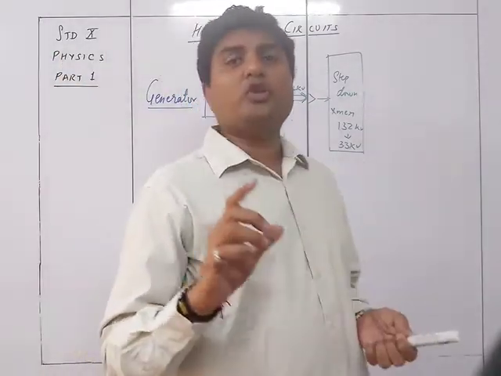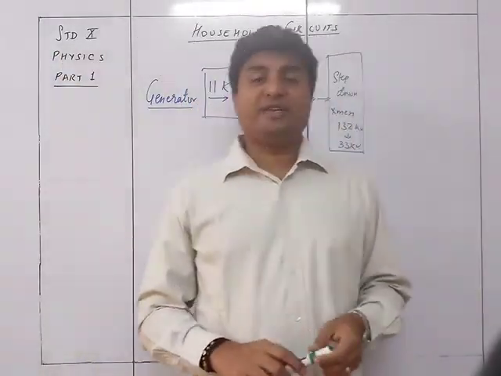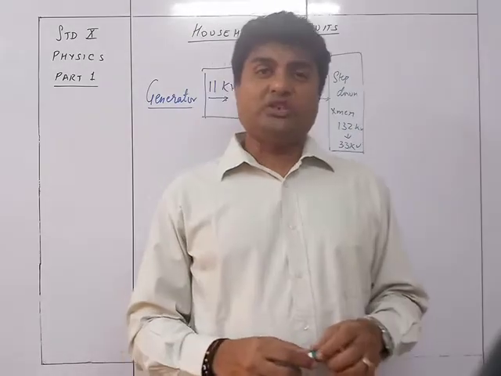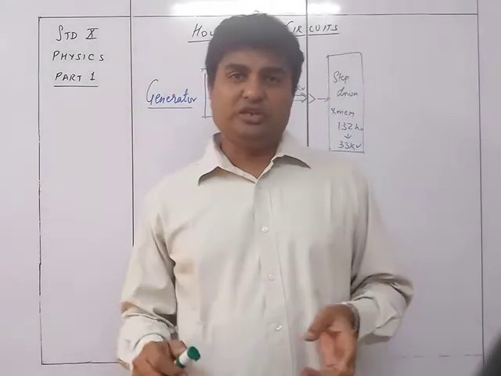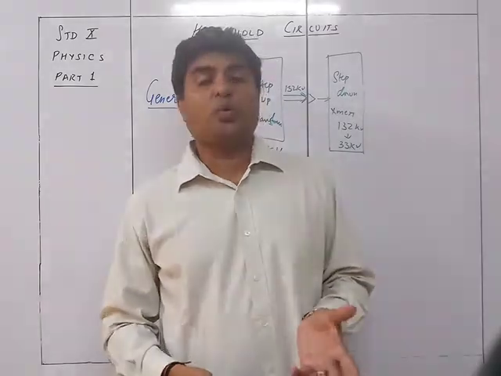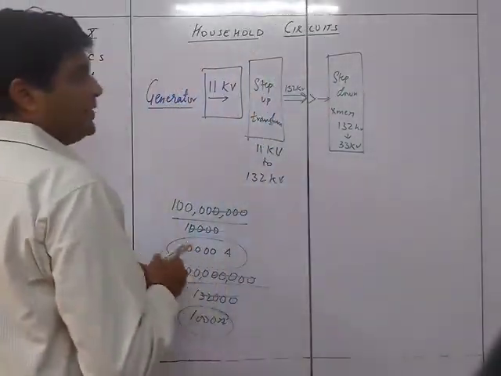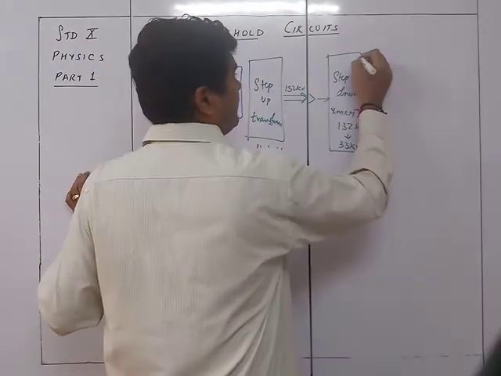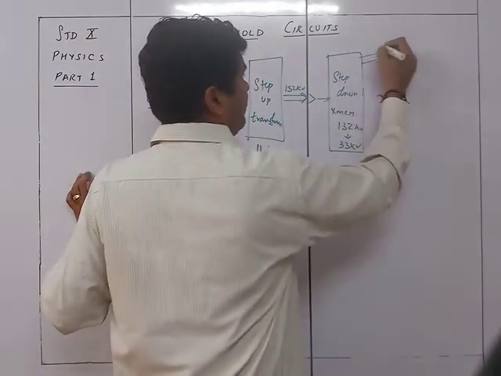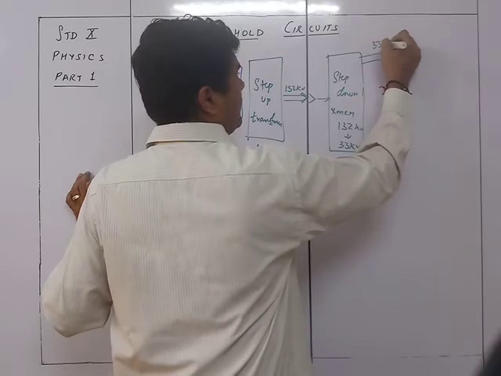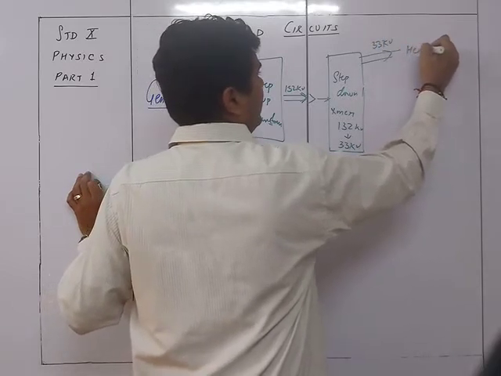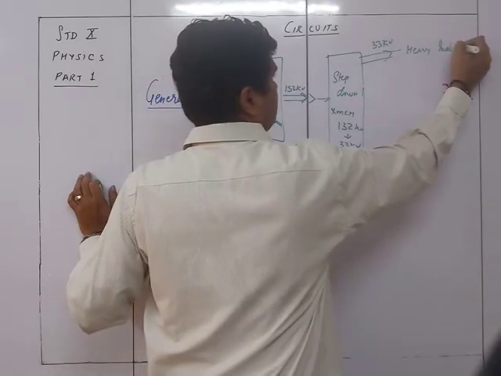Why 33 kV? Because many of the heavy industries require higher potential for their big machineries to operate, and that's why they will require 33 kV supply. So this 33 kV will be given to heavy industries.